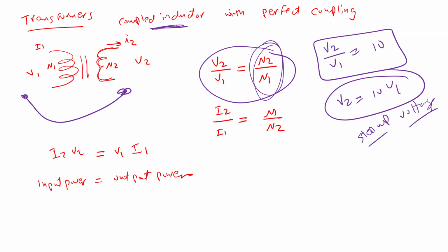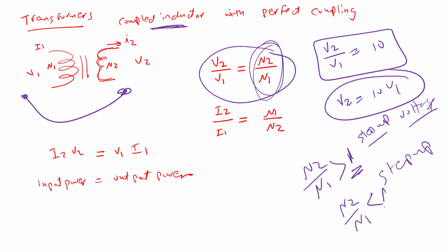Now, N here is the number of turns. If N2 divided by N1 is greater than 1, that means you are going to step up, or increase, the voltage. If N2 divided by N1 is less than 1, you are going to reduce the voltage. That's how you can control it.